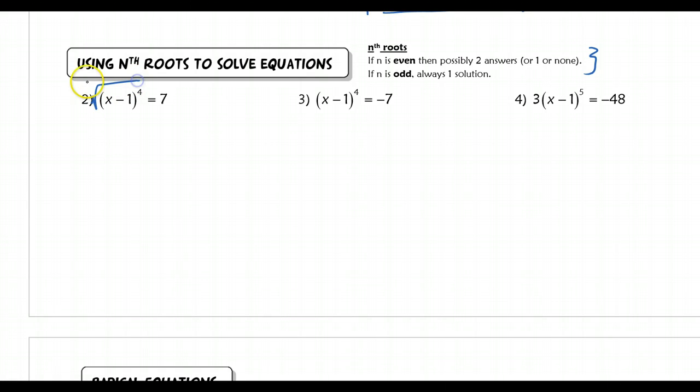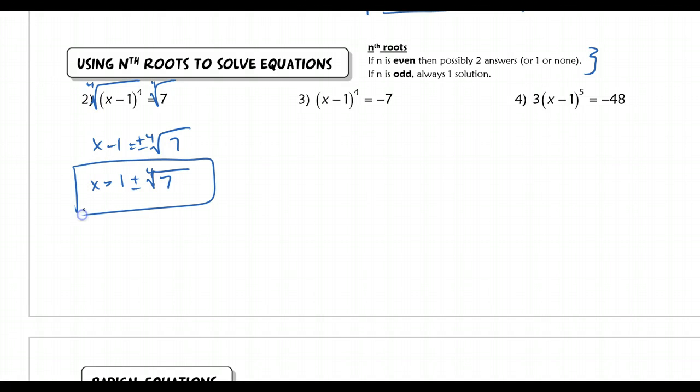So I have x minus 1 equaling the 4th root of 7. I'm going to add the 1 over to the other side. And I should have put it up here too, but this is actually 2 unique solutions because I can have positive or negative 4th root of 7. So x here is going to equal 1 plus or minus the 4th root of 7.